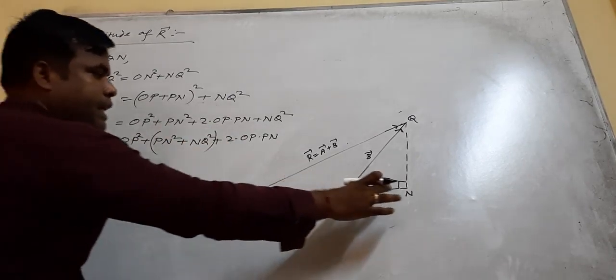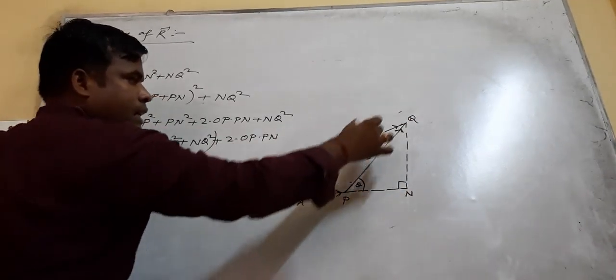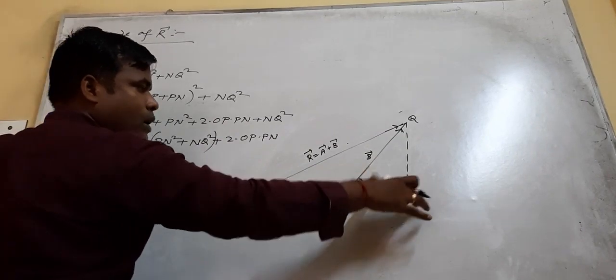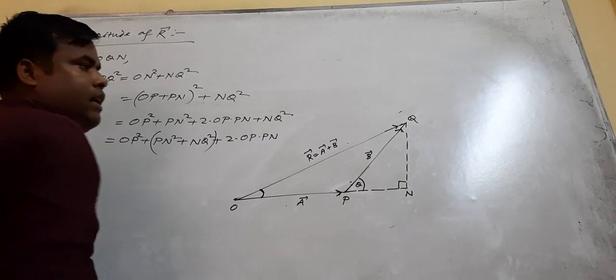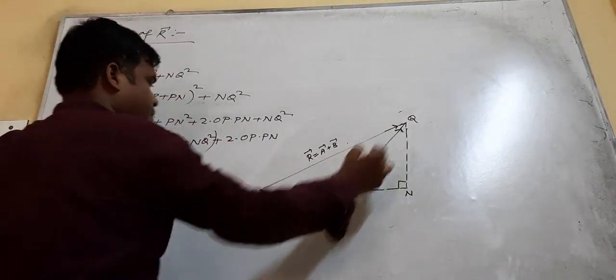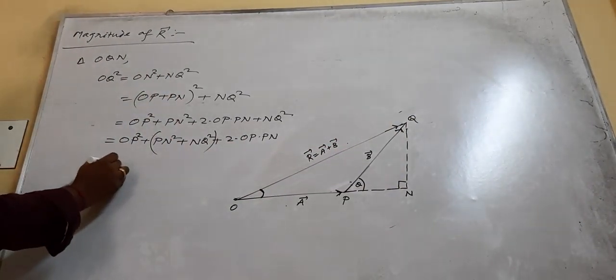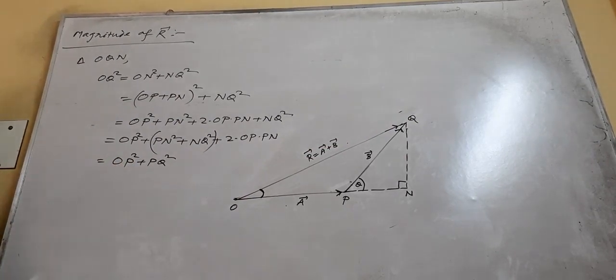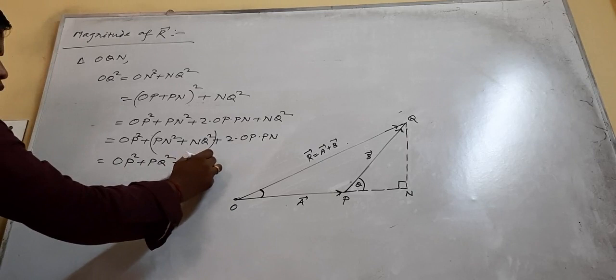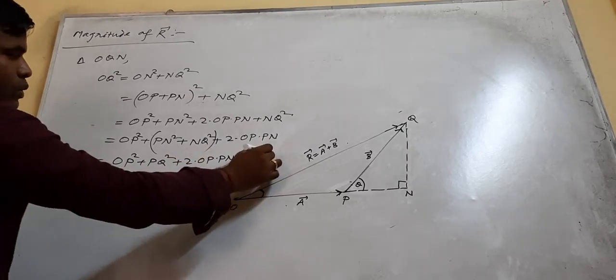So what is PN square plus NQ square? You see, in this triangle, this square plus this square is PQ square because PNQ is another right angle triangle. So I can write OP square plus PQ square plus 2 into OP into PN, equation number 1.